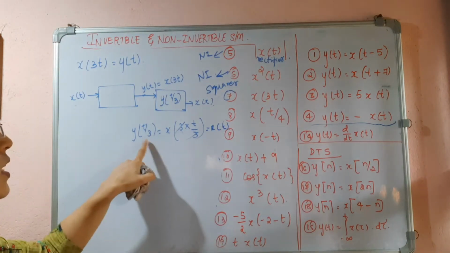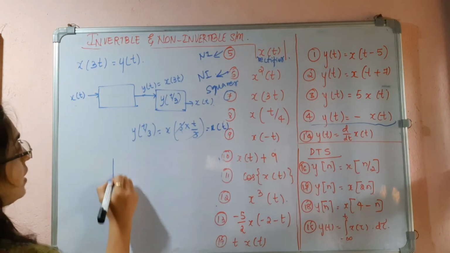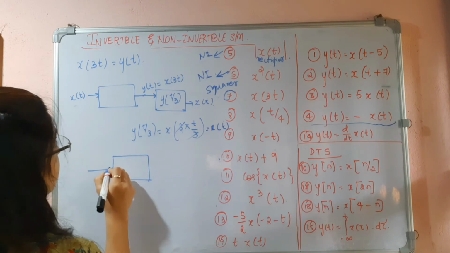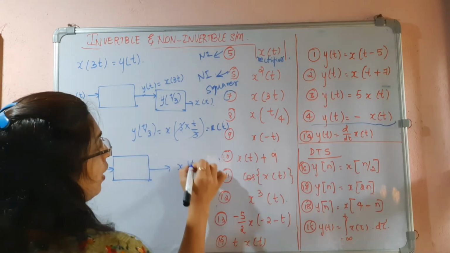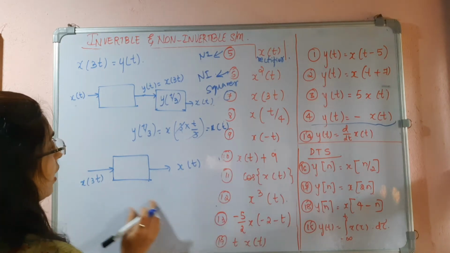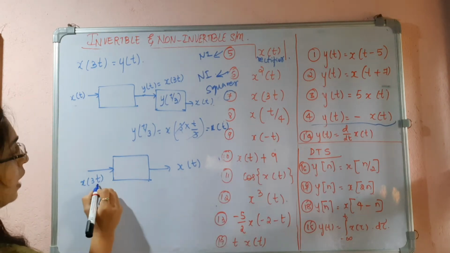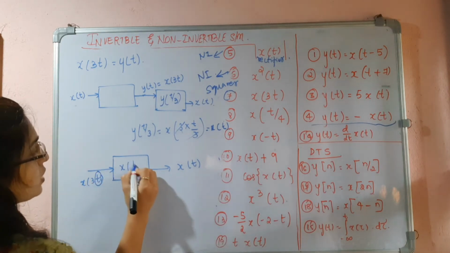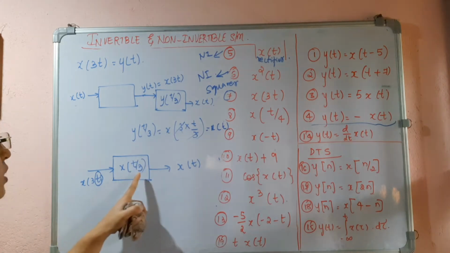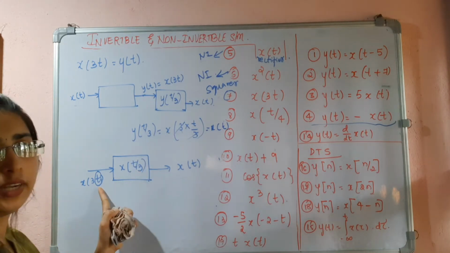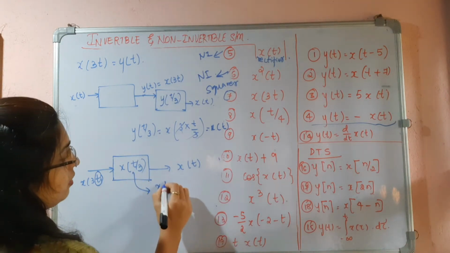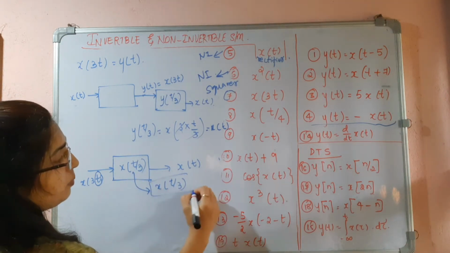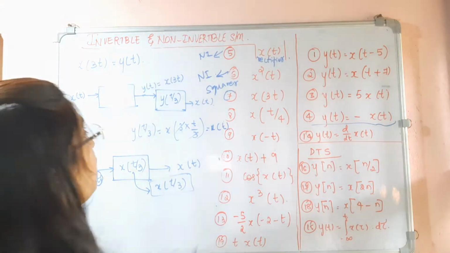So this is the inverse system. Considered separately, x of 3t is the input and the output should be x of t, so I replace t by t by 3, giving x of t by 3. This operation is performed on the time variable, and x of t by 3 is your inverse system.